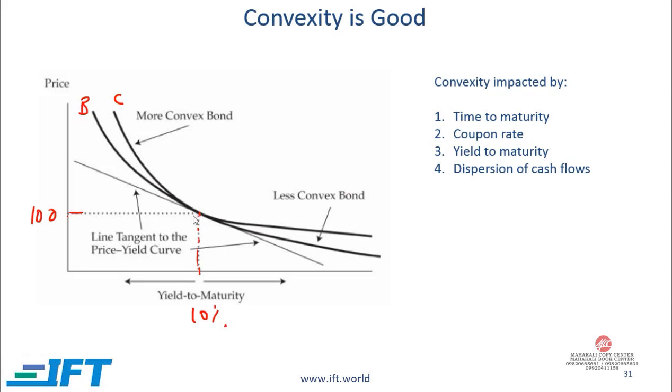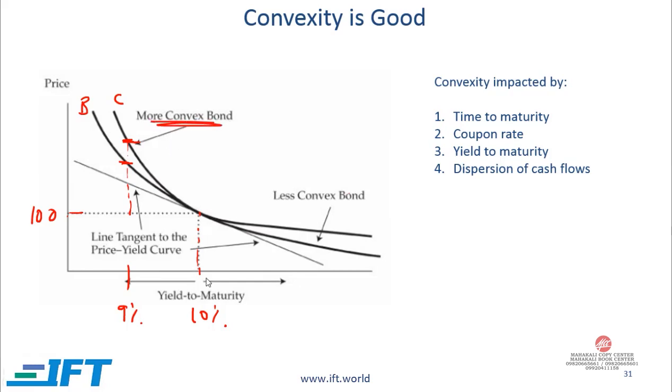What will happen if the yield to maturity goes from 10% to 9%? Note that the appreciation of bond C is more than the price appreciation of bond B, and that is because bond C is more convex.